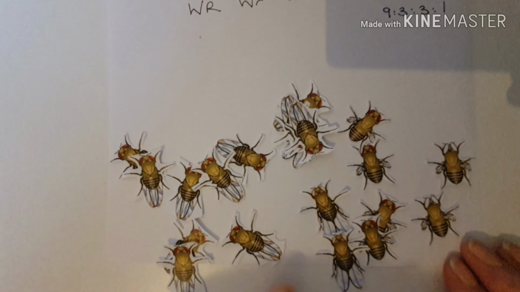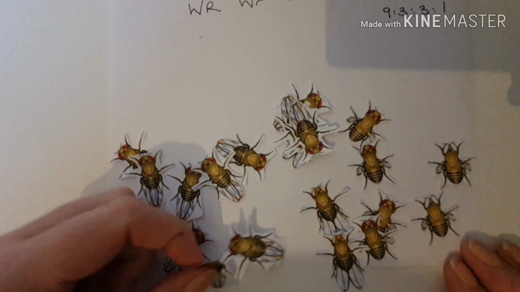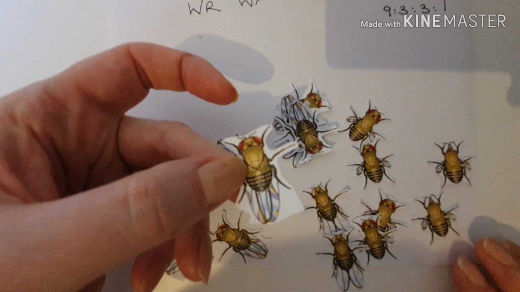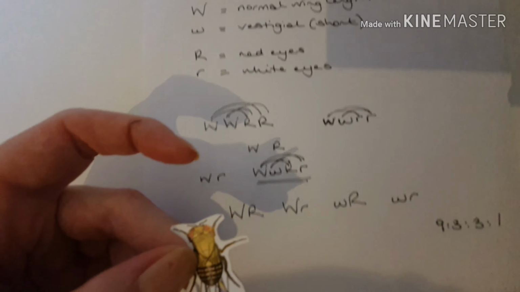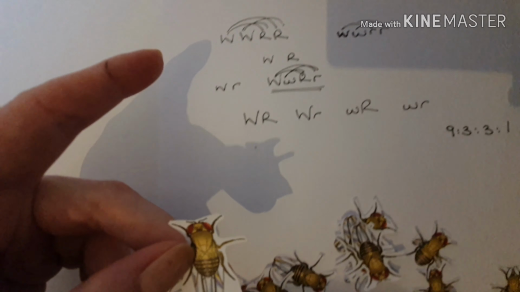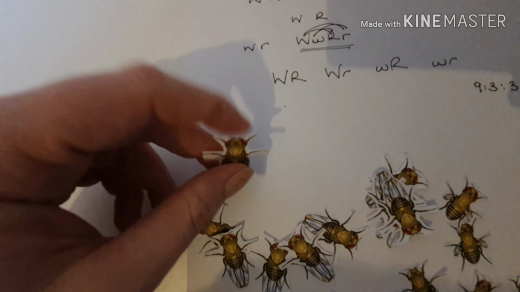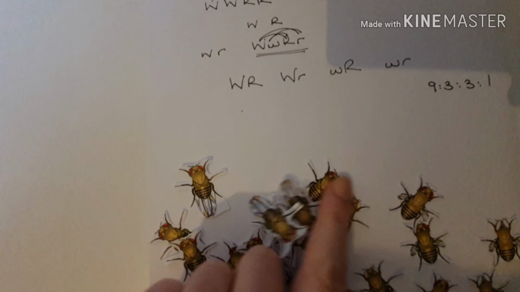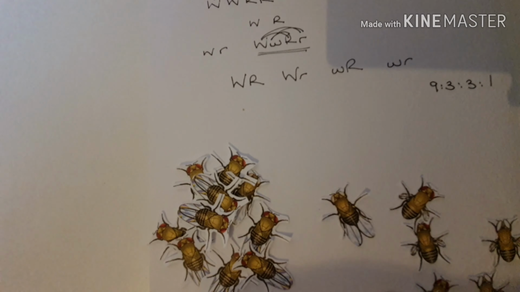Okay, so if you look closely here, this one is a red eye and normal wing. So if we go back up, red eye and normal wing has to have one capital R at least and one capital W. Okay. The next ones I've got, if I move all those to one side, I've got ones here.